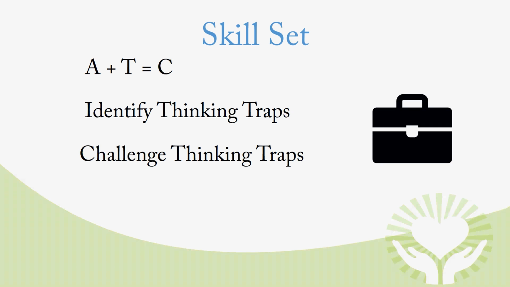That is your clue that a thinking trap is probably happening. So, yep, we know what that means, A plus T equals C. Then we talked about how to identify thinking traps. One of them, the first clue, is the big emotional reaction to something, and then taking the time to know what the thinking traps are and identifying where they're coming from. So, yep, we covered that.